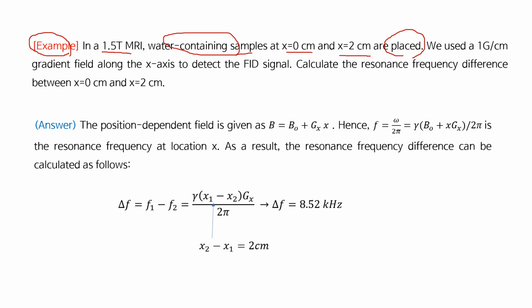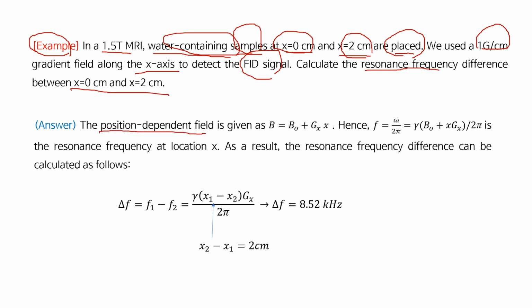So the water contained samples are located at 0 centimeter and 2 centimeter, right? We used a 1 Gauss per centimeter gradient field along the x-axis to detect the RF signal. Calculate the resonance frequency difference between the two positions.